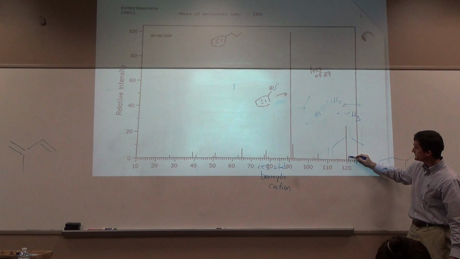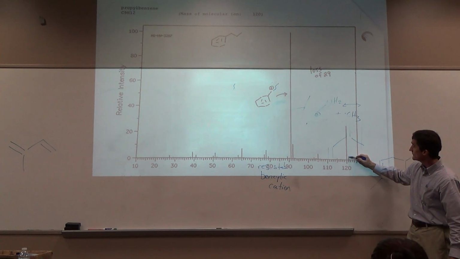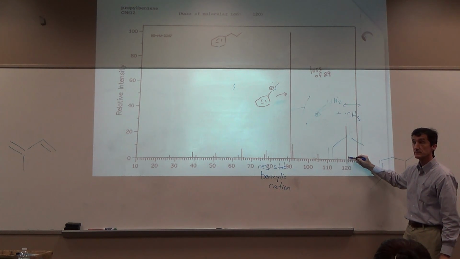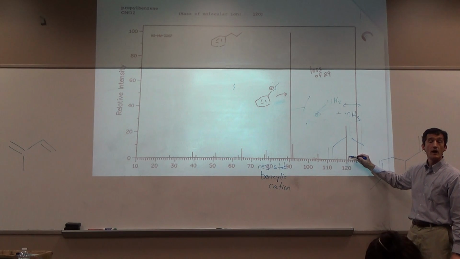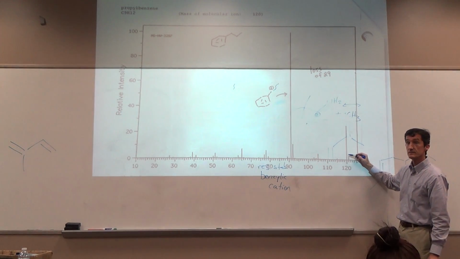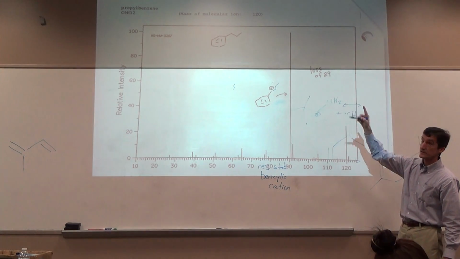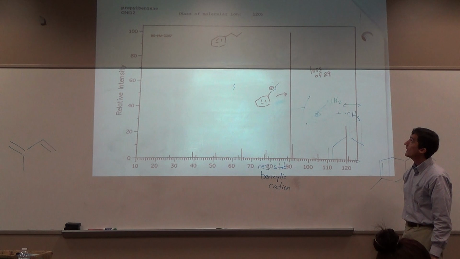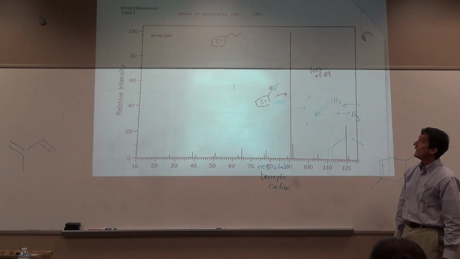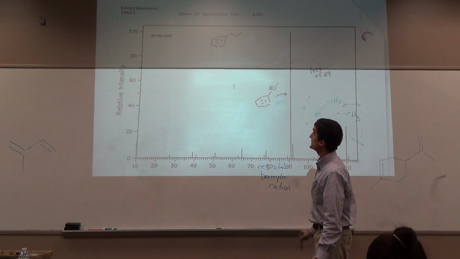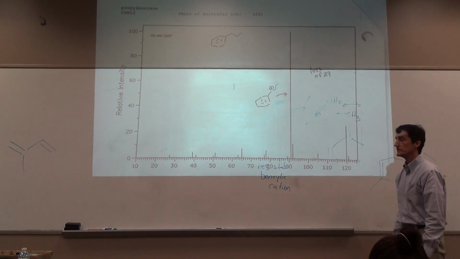What's 121? That's where some of the molecules have a C13 in them. Everybody knows 1% of the carbons in your body are C13, right? Well, 1% of the carbons in this sample of this compound are C13. So if you look at chance, there's a good chance that there's one carbon in this molecule that's C13.